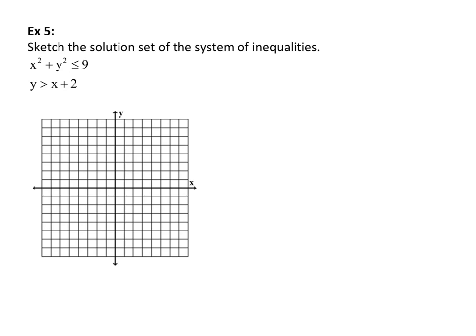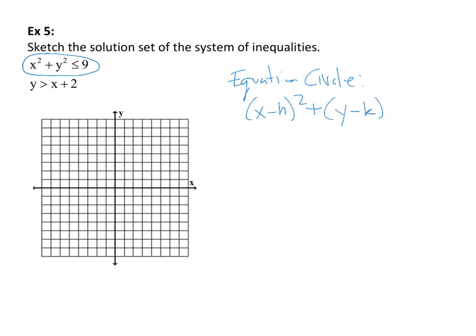Sketch the solution set of the system of inequalities. Okay, this is the equation of a what? It's the equation of a circle. Recall, the equation of a circle is (x minus h) squared plus (y minus k) squared equals r squared.